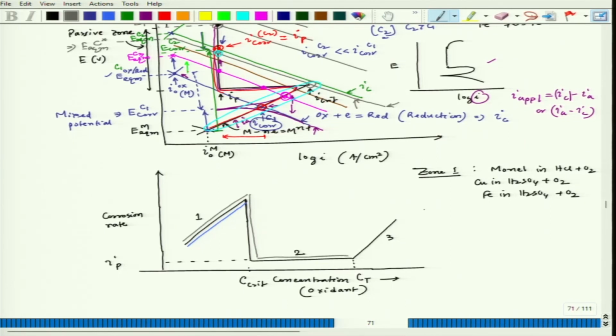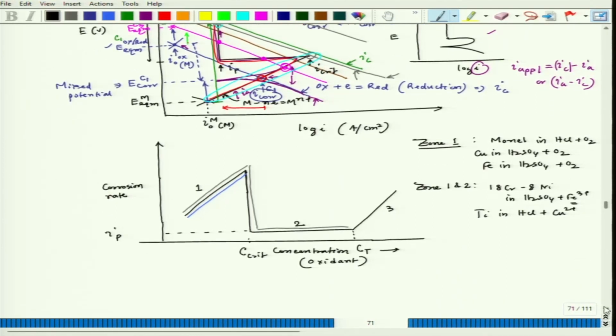That means zones 1 and 2, which can be observed in the case of 18-8 stainless steel in H2SO4 plus Fe3+. So, Fe3+ is basically the oxidant here. Or titanium in HCl plus Cu2+, and here Cu2+ is the oxidant.